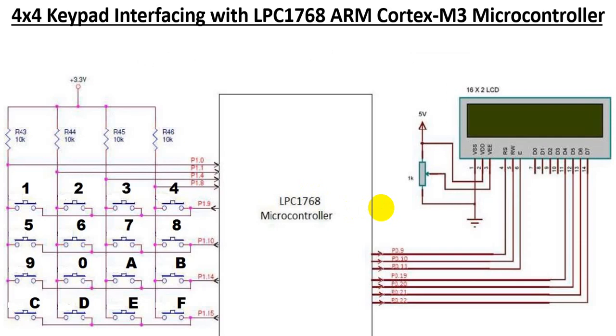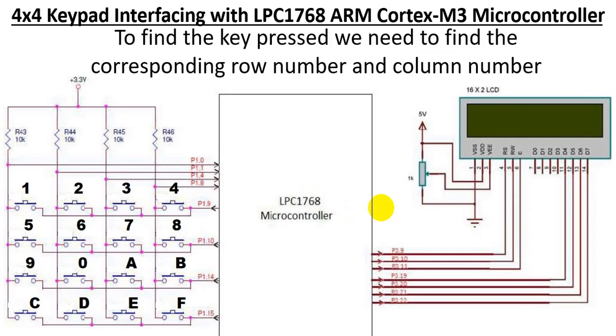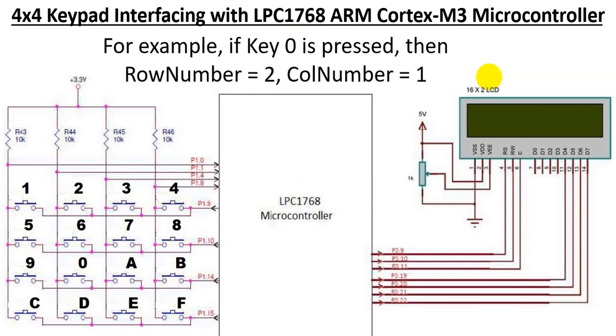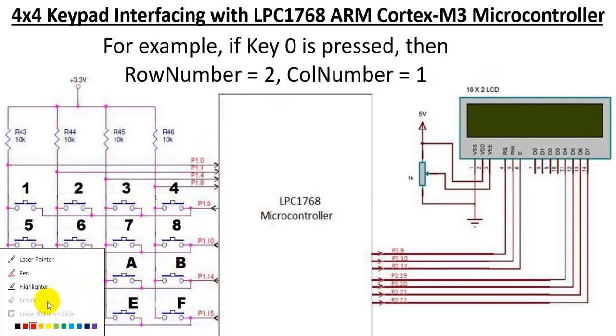So as said earlier, we have 4 rows and 4 columns. Now to find which key has been pressed, we need to find out the corresponding row number and the column number. That is the logic. For example, if key 0 is pressed, then it is row number 2.